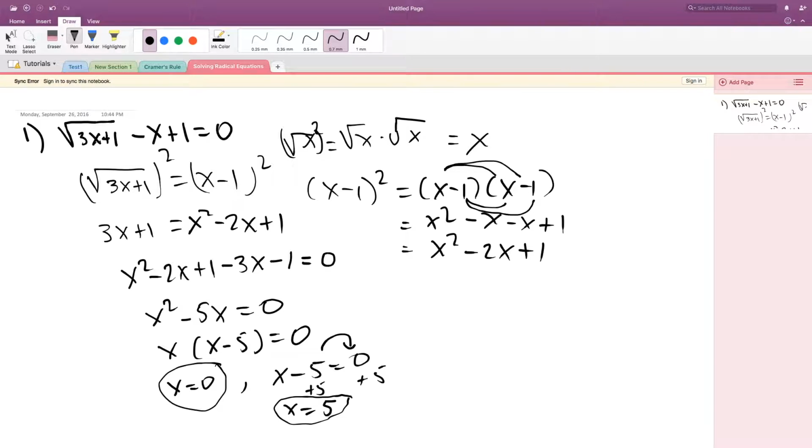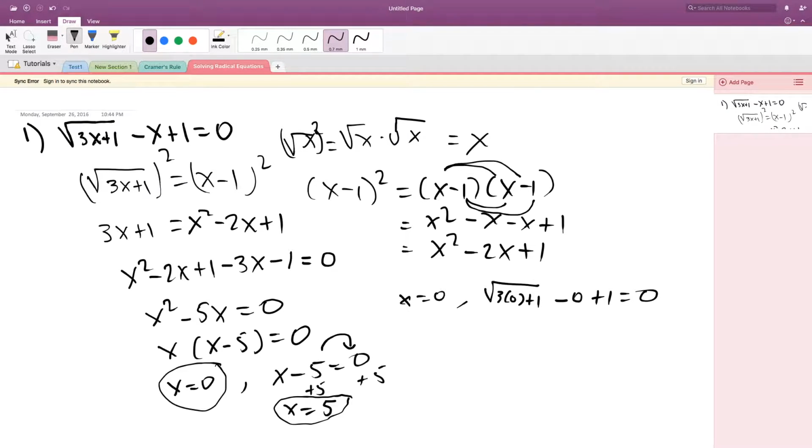Now it's always a good idea to check if these two numbers are actually solutions. So what I would do is go to the original equation and replace x by each of these numbers. So first one, when x is equal to 0, here we have square root of 3 times 0 plus 1, plus 1 equal to 0. Is this true?